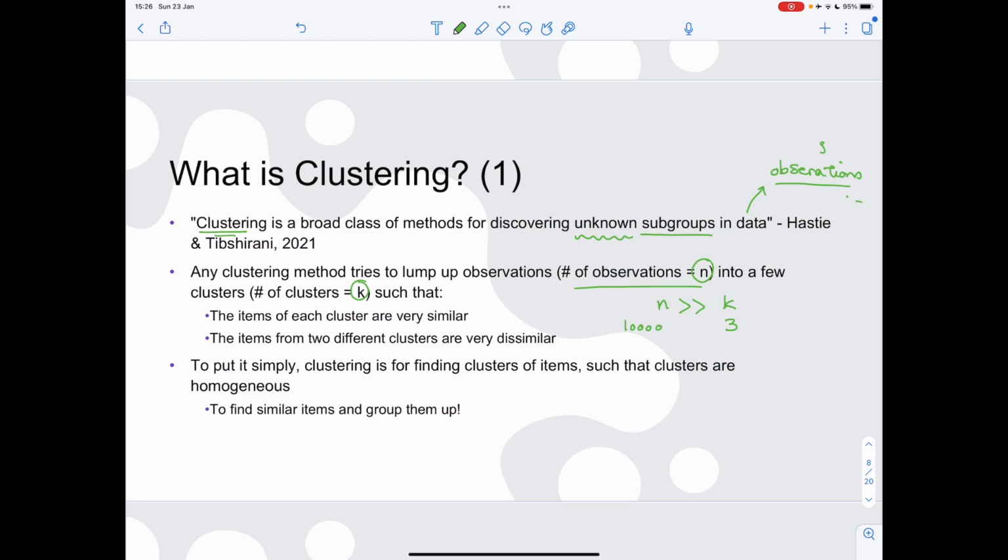These clusters, whether they are 3, 4, how many of them, we don't know right now. They must meet this criterion that in each cluster, the items are very similar. If you recall our previous example, the mangoes of each cluster are very similar. And the items of 2 different clusters are very dissimilar.